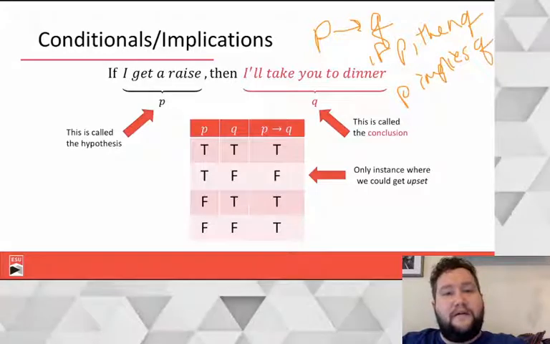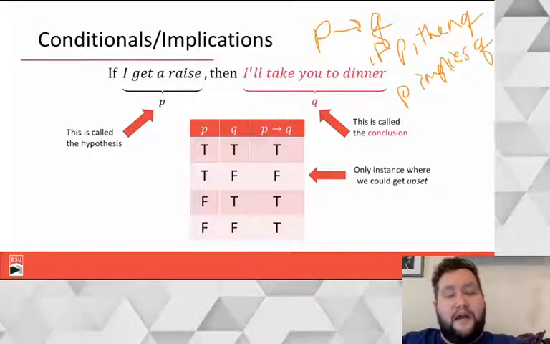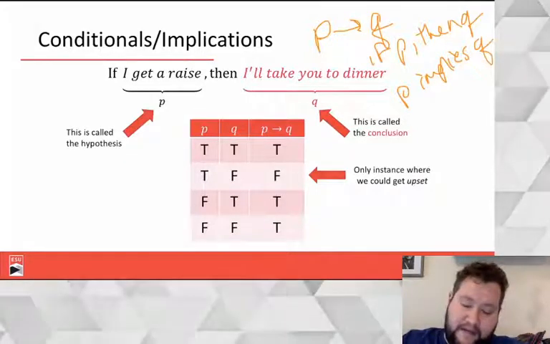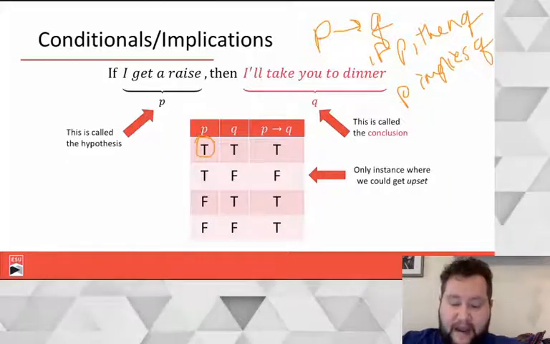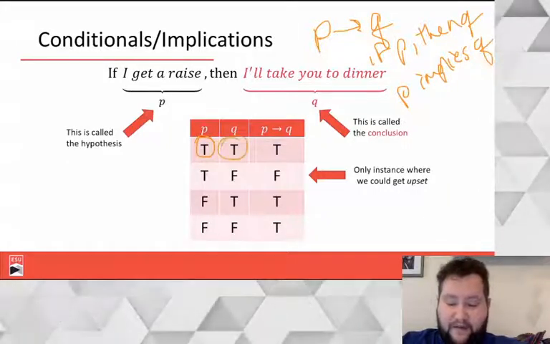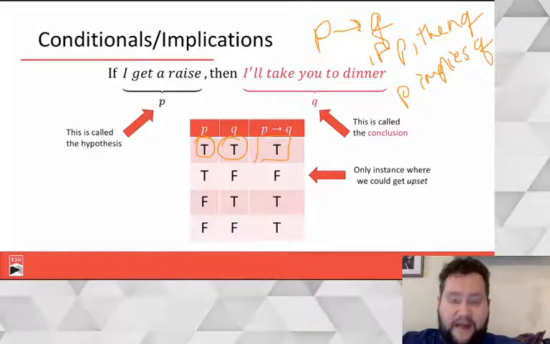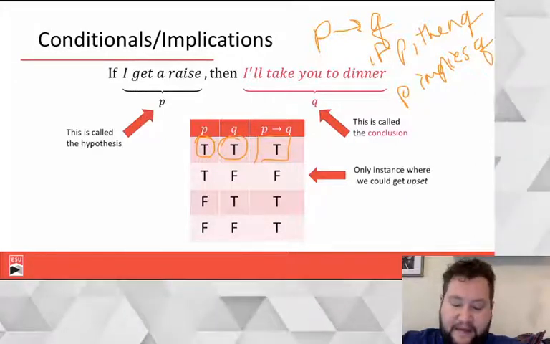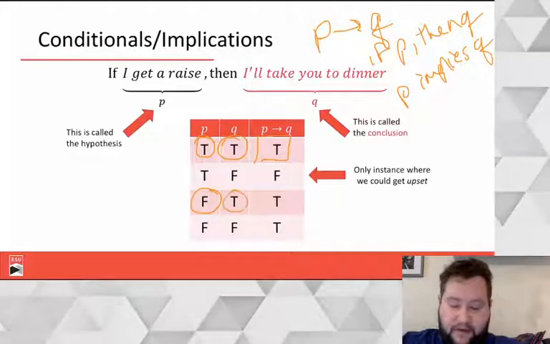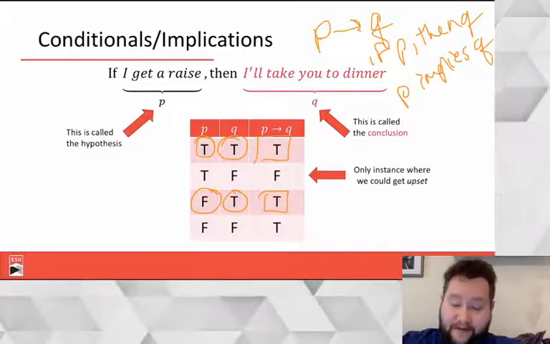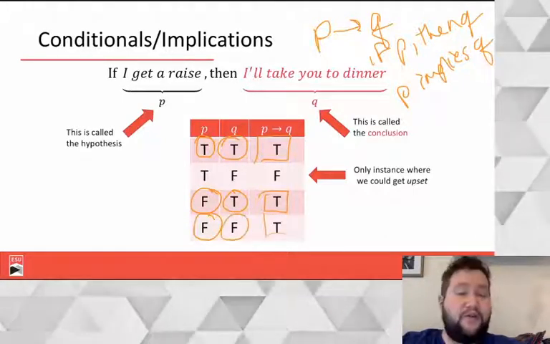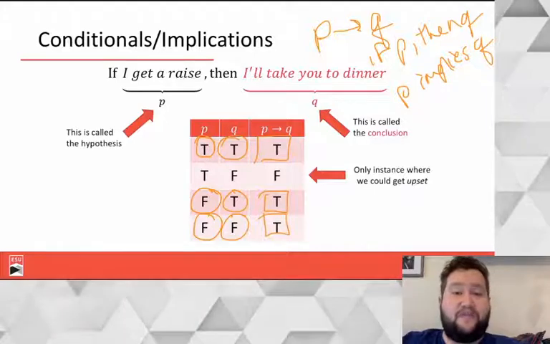And so here, if she gets a raise and takes you to dinner, you're okay. If she doesn't get the raise and takes you to dinner, you're okay. Well, you're more than okay because you got free dinner. If she doesn't get the raise and doesn't take you to dinner, you're okay too, because she didn't say that she would.